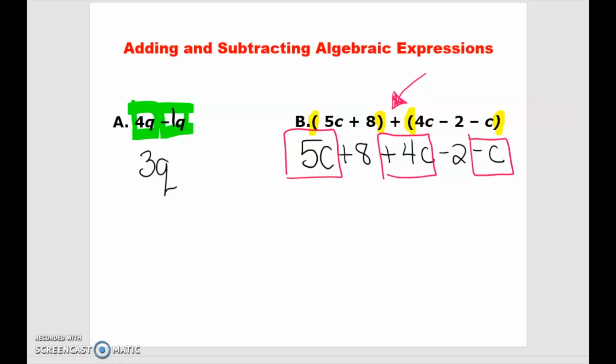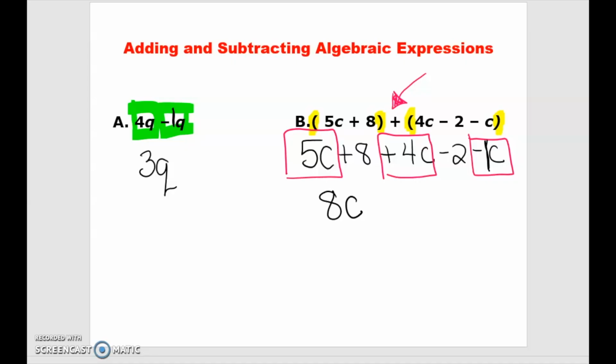When I box this c over here, I box the negative. And then if it helps you, you might even want to write in a 1, just so you know you only have one of them. So I have 5c plus 4c is 9c, and then I'm taking 1c away. So 9c minus 1c is 8c.